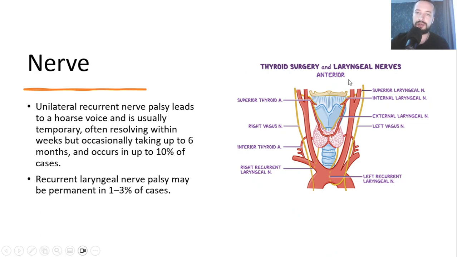And there you see the laryngeal nerves in anterior position. First of all, you see the arteries: superior thyroid, right vagus nerves, inferior thyroid artery, right recurrent laryngeal nerve.